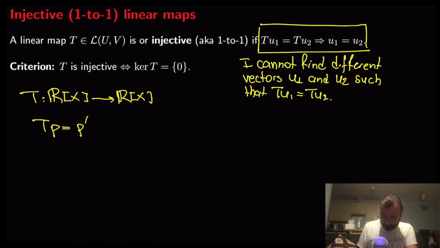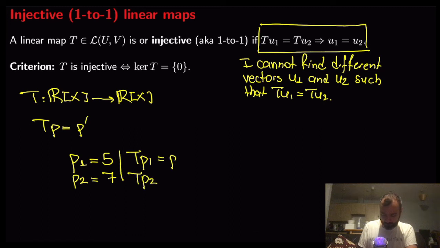I will take now two polynomials, the polynomial P1, which is equal to 5, just a constant, and the polynomial P2, P2 of x, of course, which is equal to 7. And I will find T of P1, and I will find T of P2.